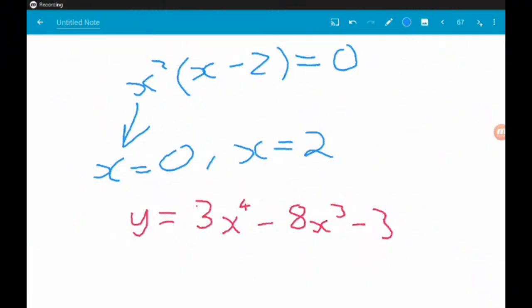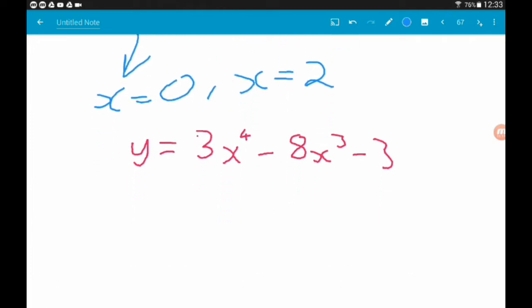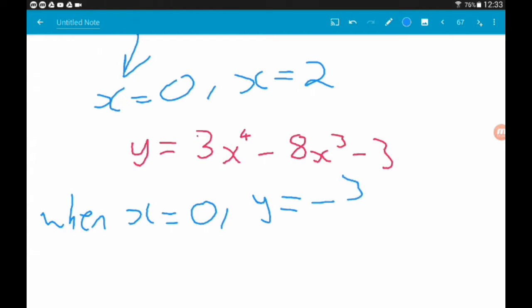Okay, so now we need to find the corresponding y coordinates to the x coordinates. So to do that, we substitute the x values into the original function. So when x is equal to 0, quite a nice one, the x terms disappear, so we would just get y is equal to minus 3.